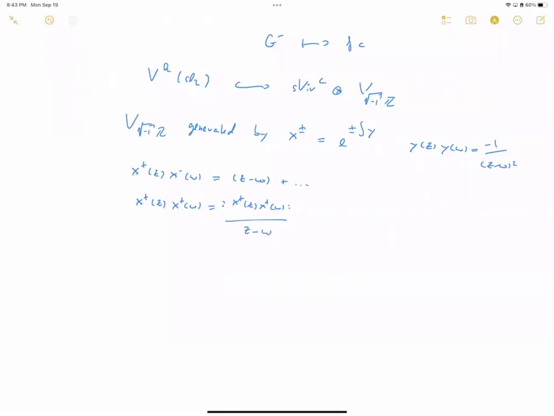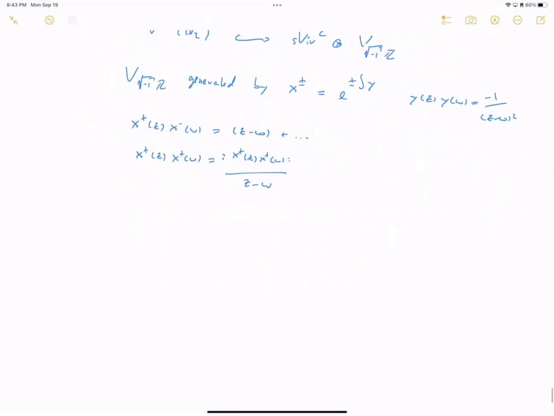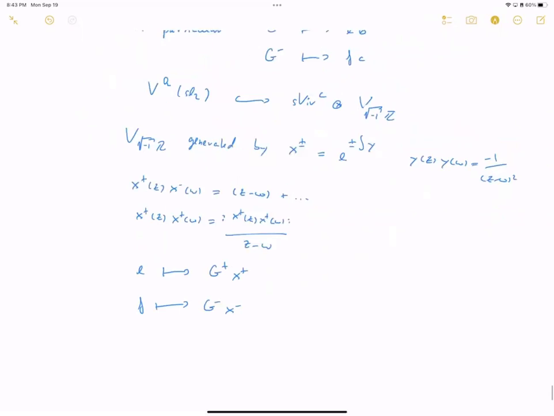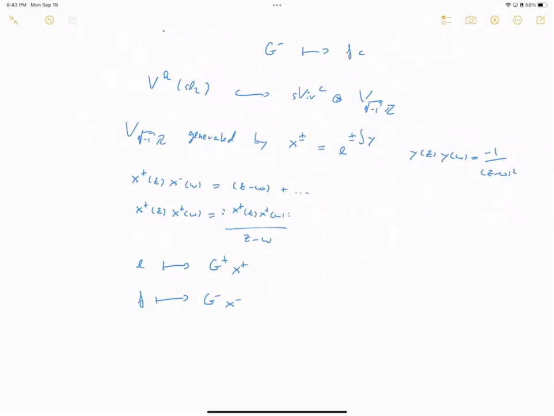Anyway, because you glue this with odd fields, this will not be a problem. So here the embedding is given by identifying E with G plus times x plus and F with G minus times x minus. And now it's again an exercise to verify that indeed this gives you a homomorphism of vertex algebras, determined by the OPE of the corresponding fields.